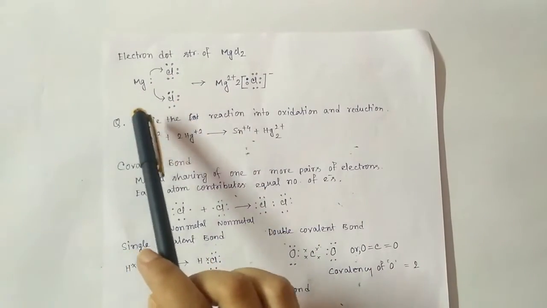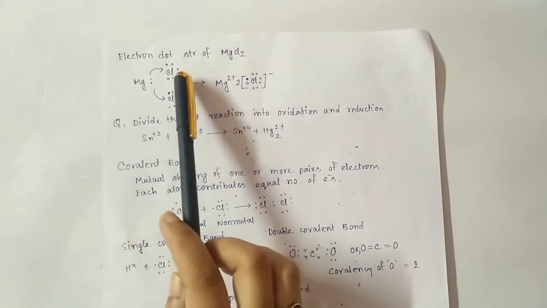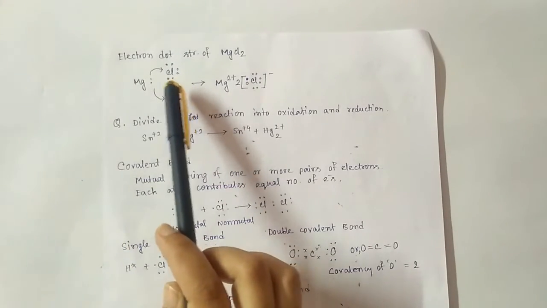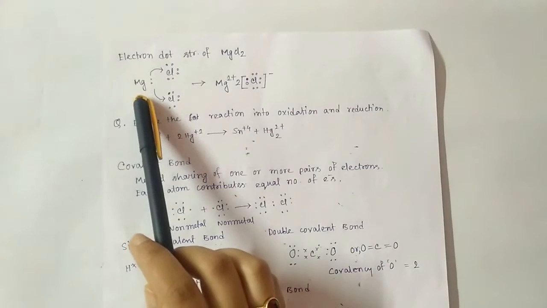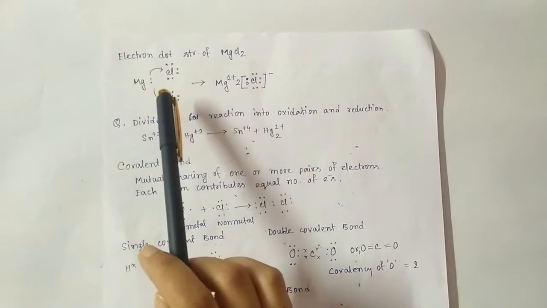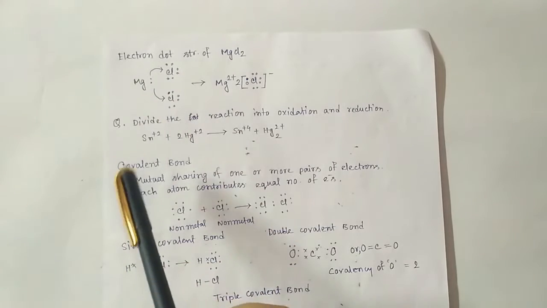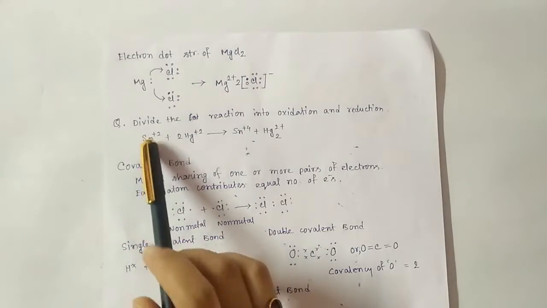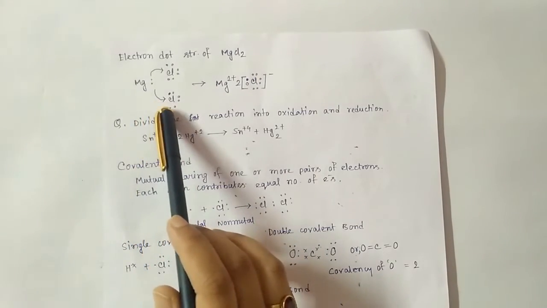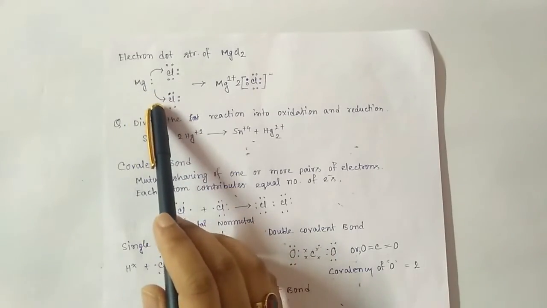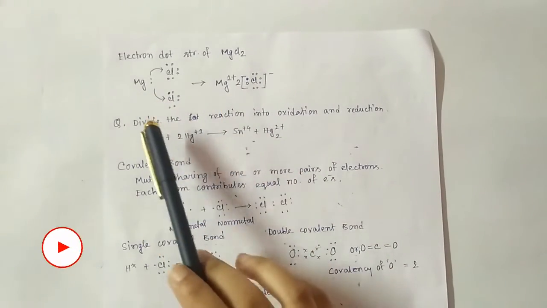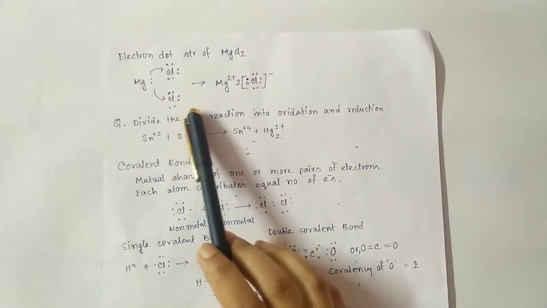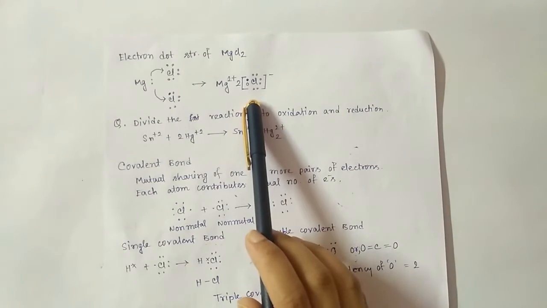When Mg and Cl react with each other, Cl can only accept one electron in its outermost shell, but Mg has to give 2 electrons, because in this way it can get an electronic configuration like neon. Thus it requires 2 Cl to take those 2 electrons respectively, and Mg becomes Mg2+ as it loses 2 electrons from its outermost shell. As it needs 2 Cl, 2 chlorine atoms are involved and chloride anions are formed.